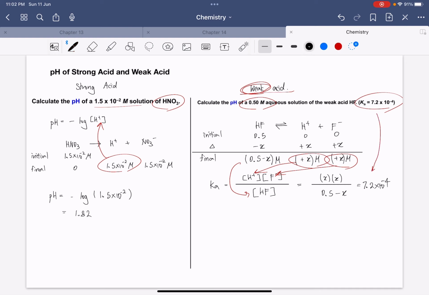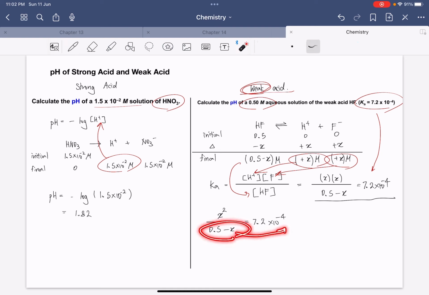So this is pretty easy algebra. I'm just going to simplify this equation. Then we have x squared divided by 0.5 minus x is equal to 7.2 times 10 to the negative 4. Then we can move this to this side.